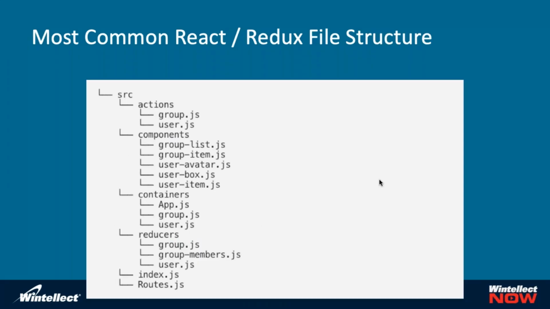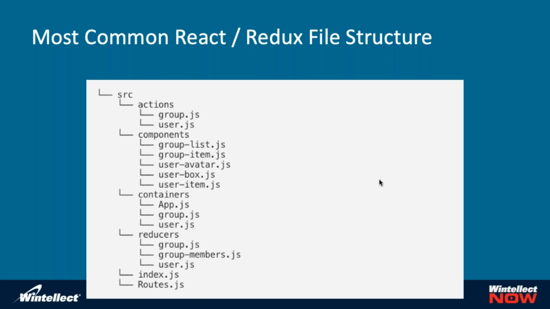One of the most common ways to organize a React and Redux application is this one right here, where you have a components directory that contains all of your components, a containers directory that contains all of your containers, and then you have separate folders for Redux actions, Redux reducers, and a separate file for routes.